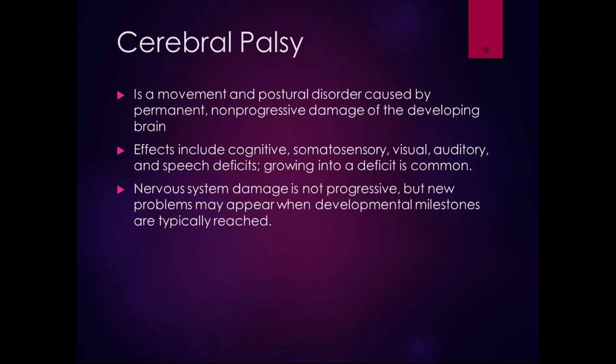And growing into a deficit is common with CP. So depending on what areas are affected, they might not show up until later in development. The nervous system damage in CP is not progressive, but new problems might occur when developmental milestones are typically reached, and that's the definition of growing into a deficit.